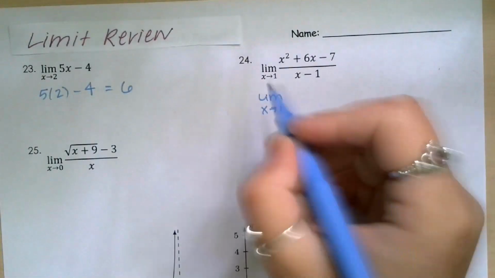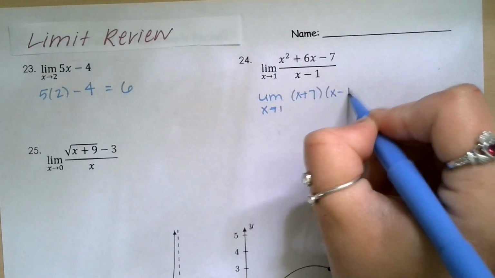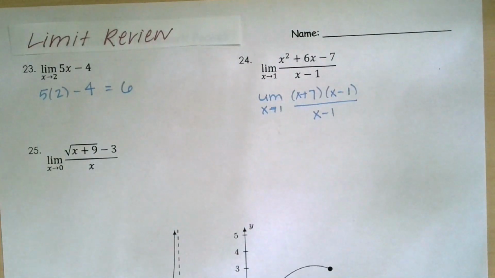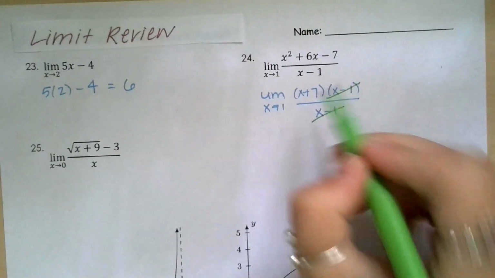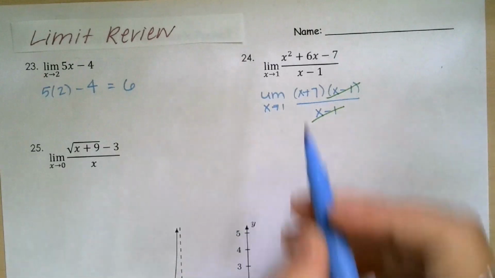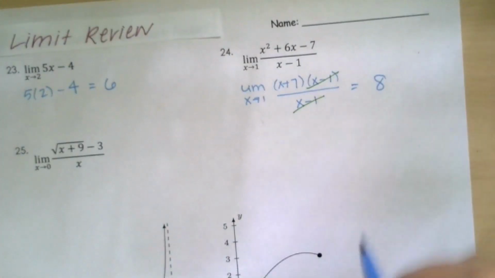The top is going to factor as x plus 7 and x minus 1. Our denominator stays as x minus 1. Okay. We can cross off those x minus 1s. So we're just left with x plus 7. Okay. And so then when we substitute in, we're just going to have 1 plus 7. So our limit equals 8.